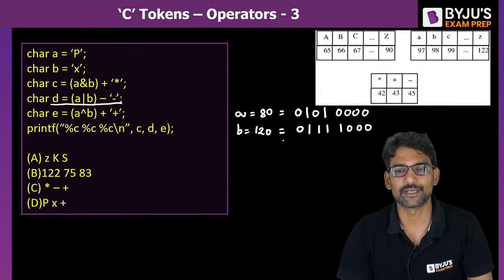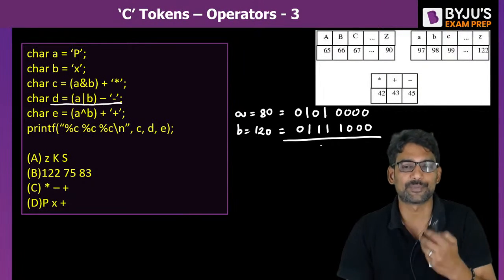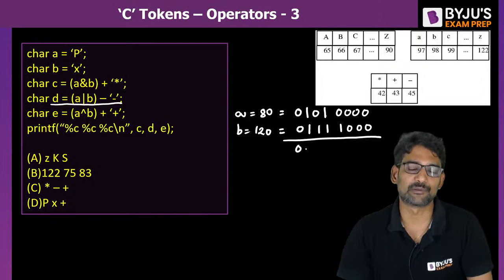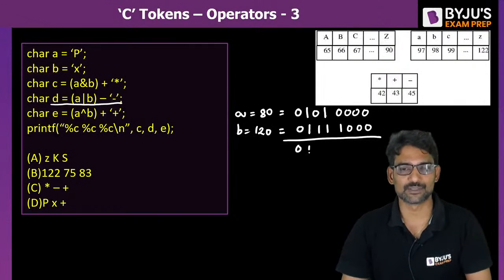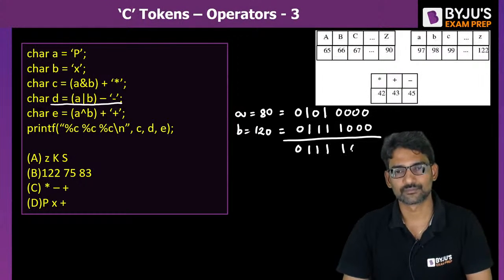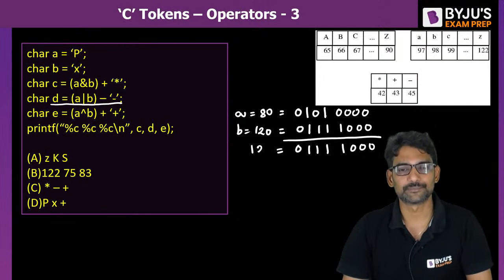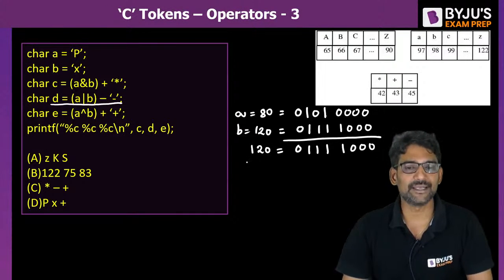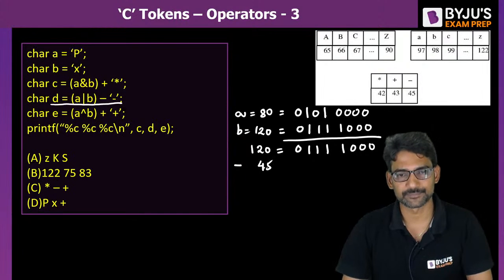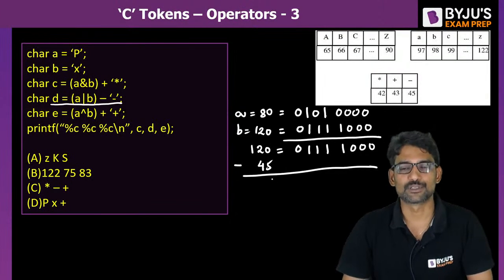This is 120. Do the OR operation. If either value is 1, the result is 1. So, what you are getting? It is again 120. Minus ASCII value 45. So, this would be 75. 75 only.